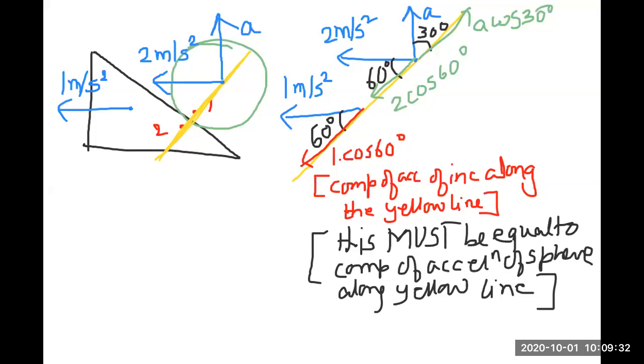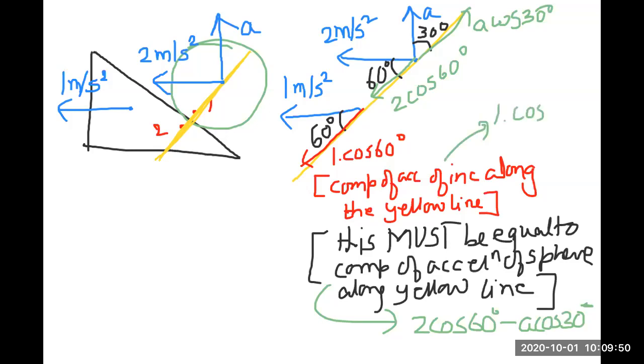So this guy will be equal to 2 cosine 60 minus a cosine 30, and this guy will be equal to 1 cosine 60, and they must be equal to each other. So therefore we get cos 60 is equal to 2 cos 60 minus a cos 30.